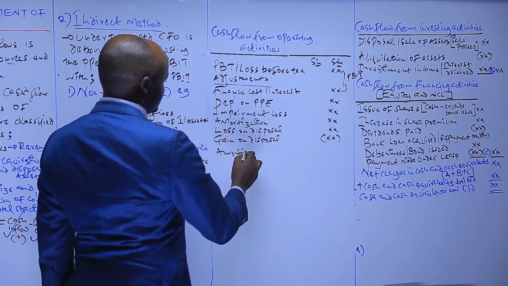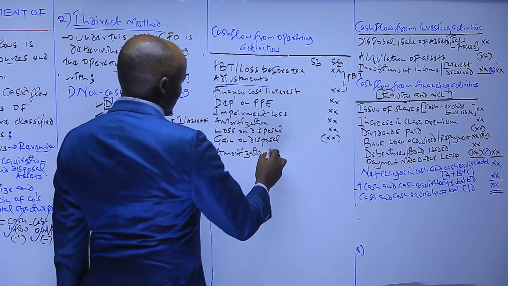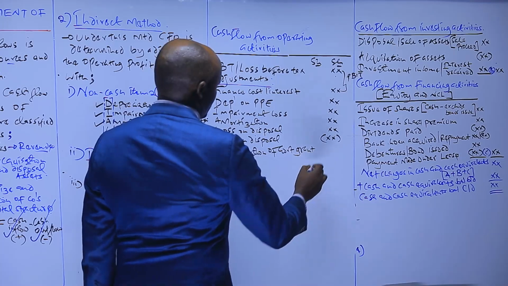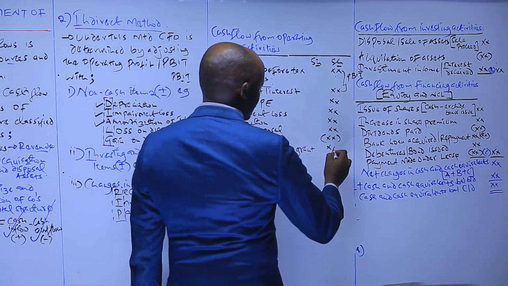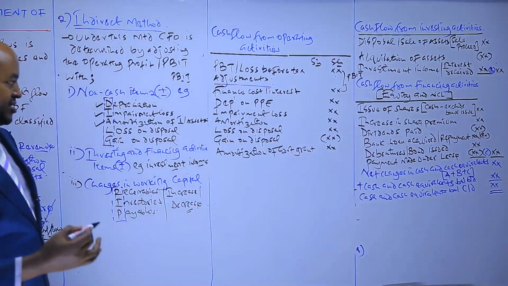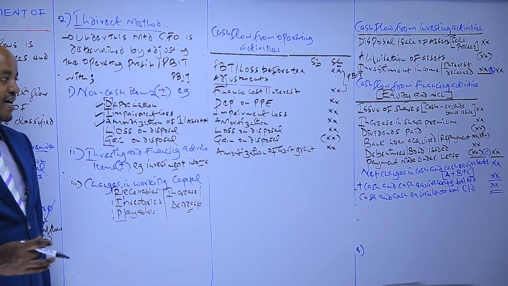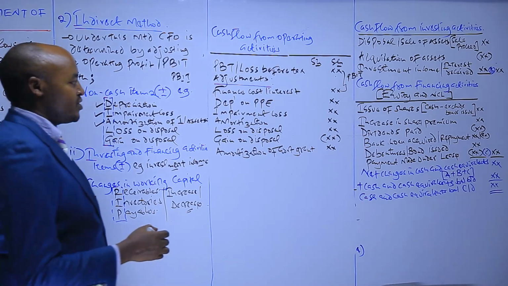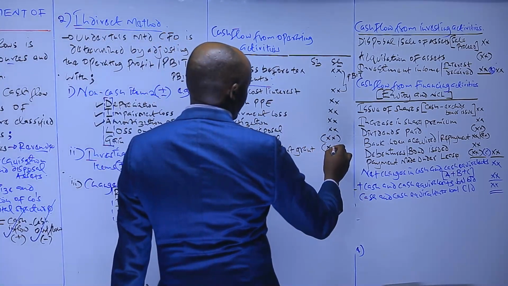Also, there are other items you may take into account here, something like amortization of government grant. This is the amount of government grant which was amortized during the current year, and such a grant is accounted for by the company as an income, but this is a non-cash item, which was added in arriving at our profit up there.